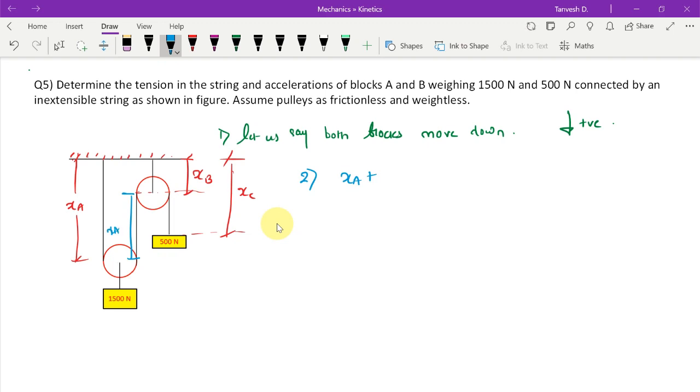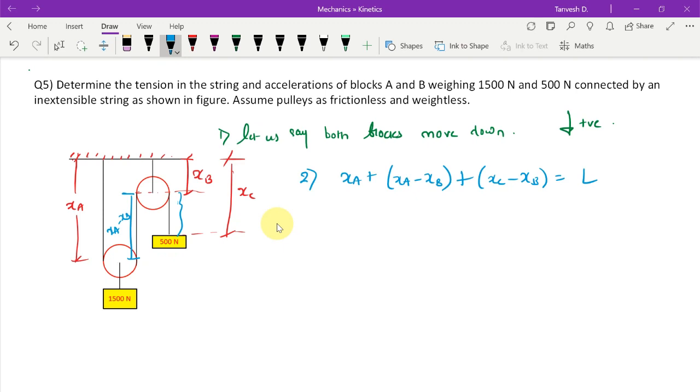Then this length is how much? What I'm actually doing here is I'm just adding all the lengths of the string to make one equation. So this length will be XC minus XB, right? So plus XC minus XB is equal to, let us say, length of the string.